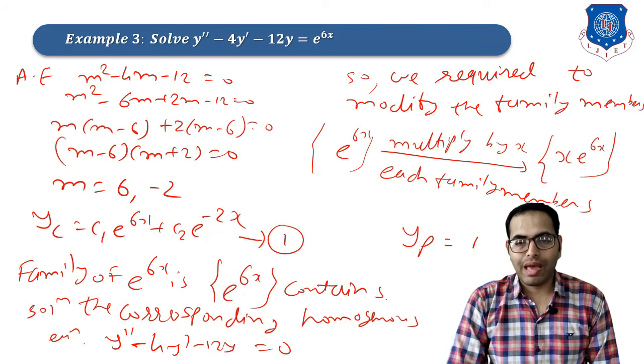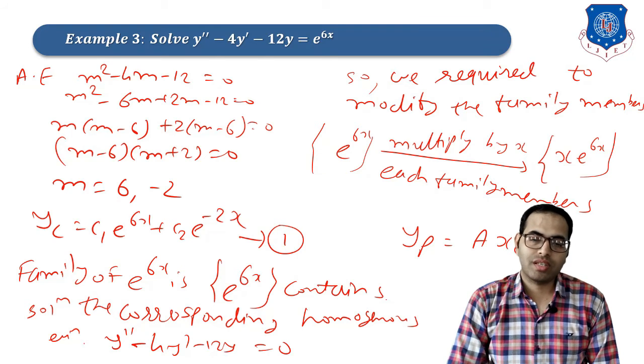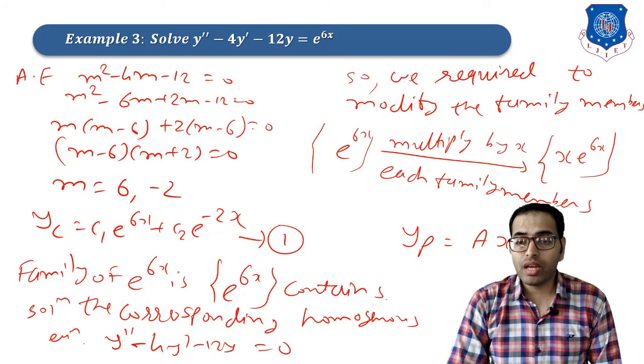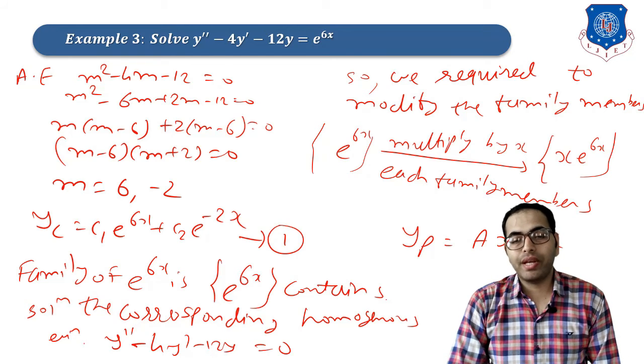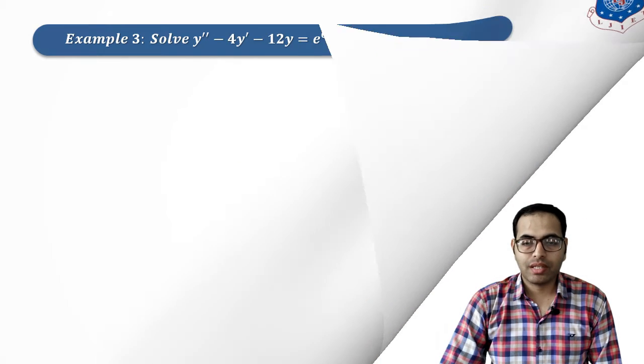Then yp = a x e^(6x). Now here we modified the family members, so we require yp' and yp''.